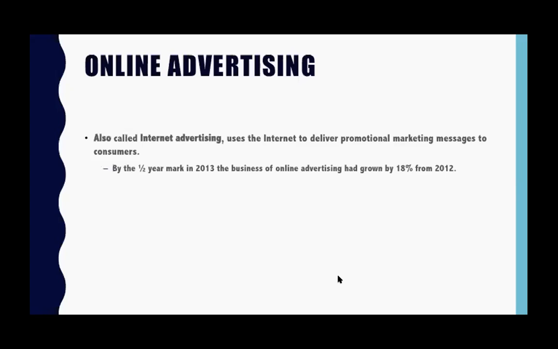Here's a little fact: by the half-year mark in 2013, the business of online advertising had grown by 18% from 2012. So you can see where it's going in terms of digital versus print, although there's still a lot of print advertising too, and it all has its purpose and intentions for certain things.